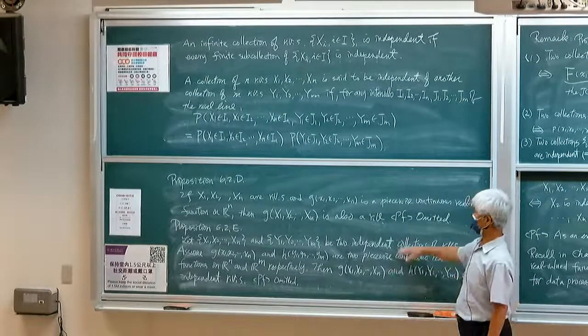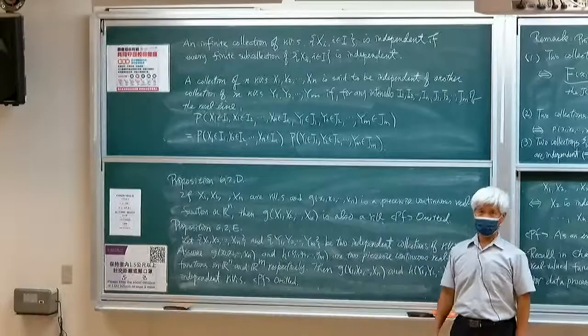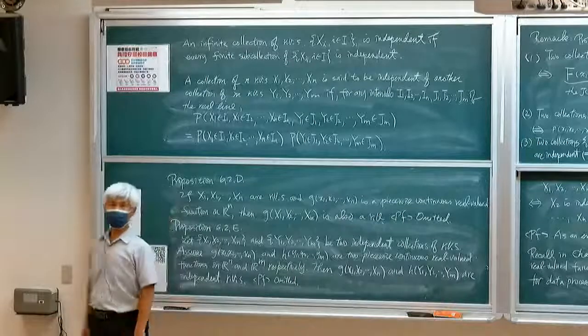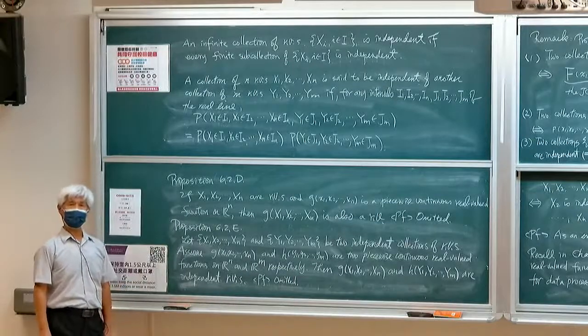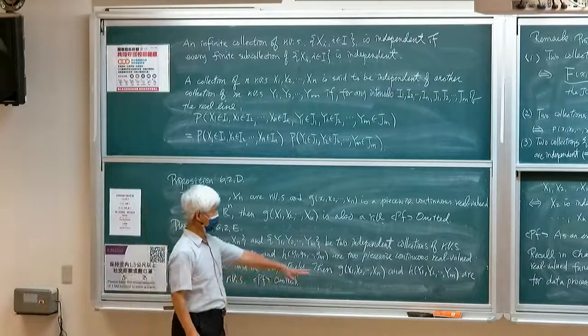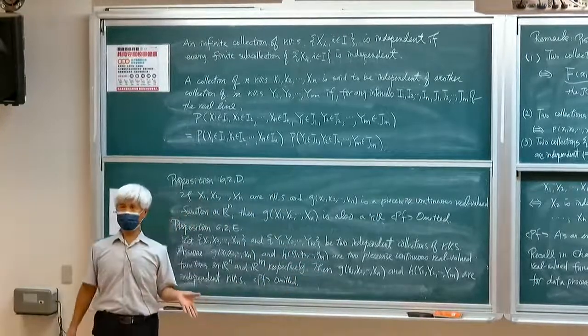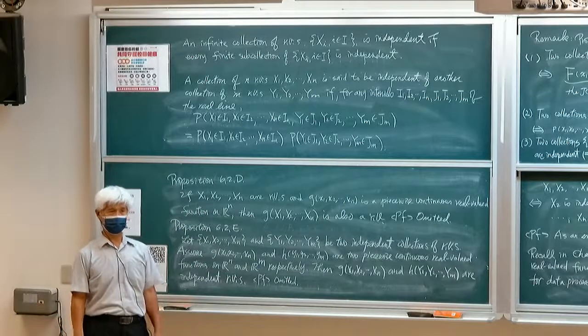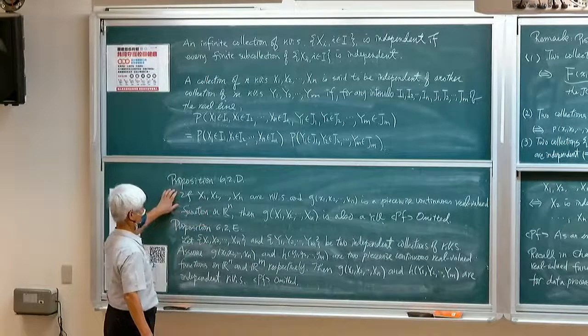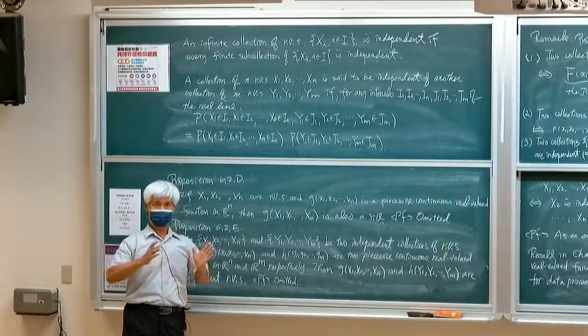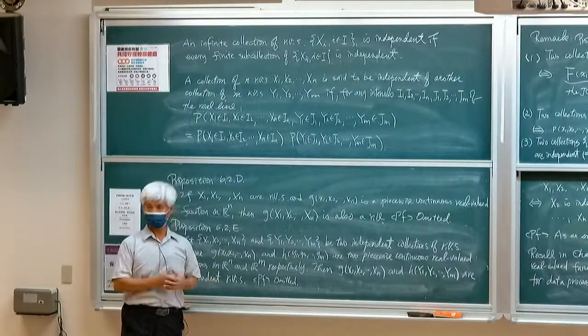You will encounter a lot of data processing functions in practice, and those data processing functions, g or H, are piecewise continuous. So this theorem makes sure that after the data processing, the result is also a random variable again.